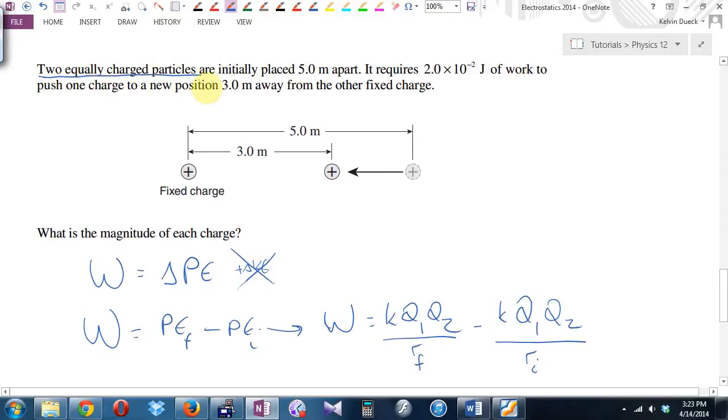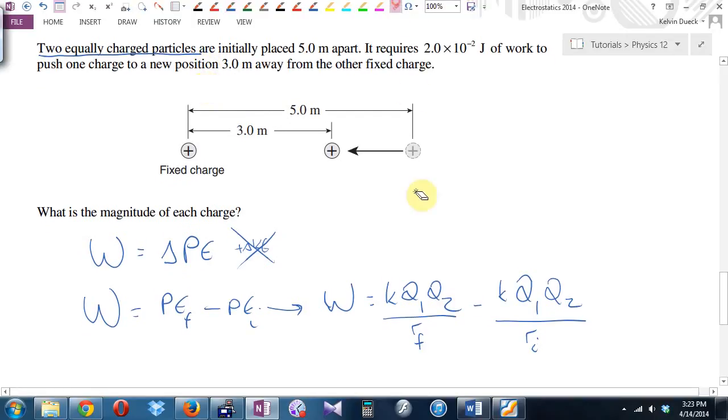That's the second key. They're equally charged. So instead of writing Q1, Q2, I could really just write Q squared. Except instead of writing QQ, what's a better way to write that? No, not 2Q squared. Don't be doing that.